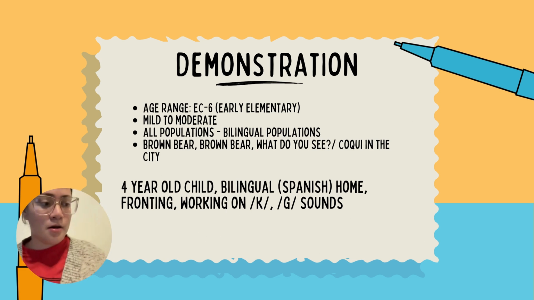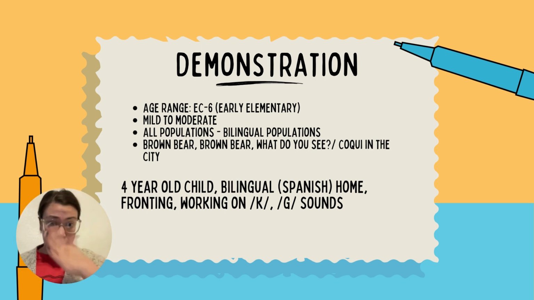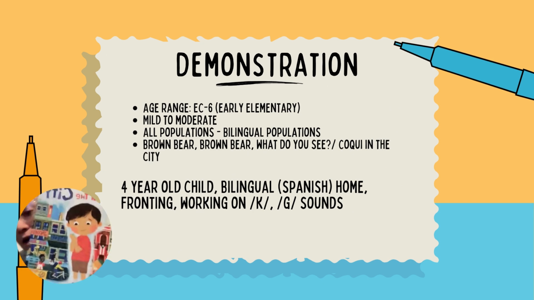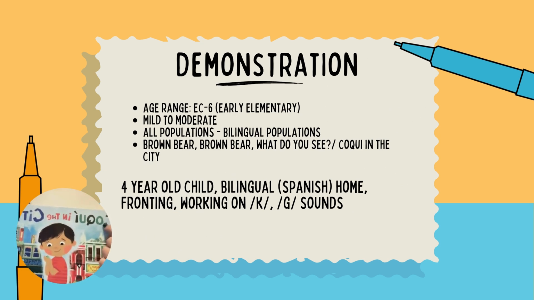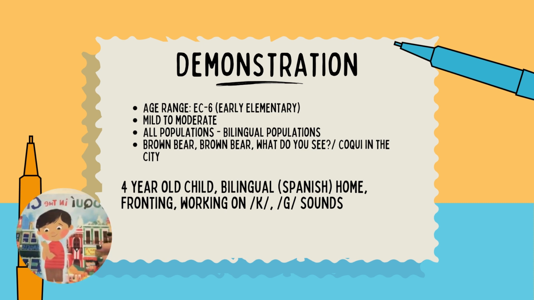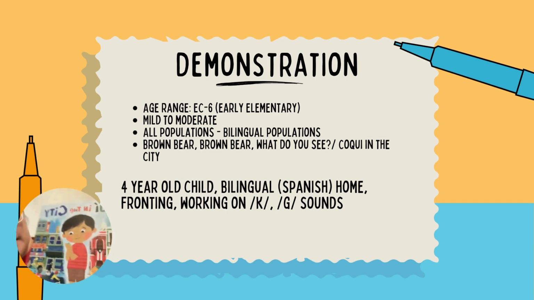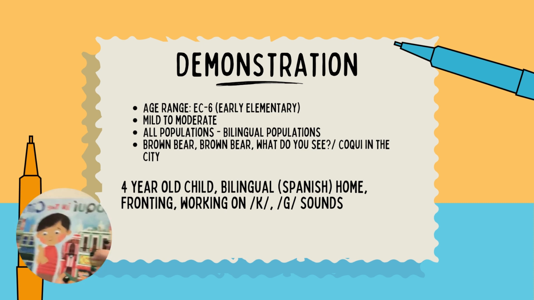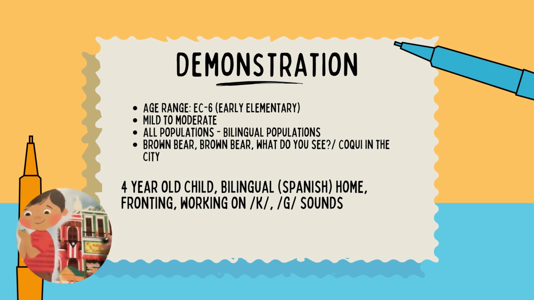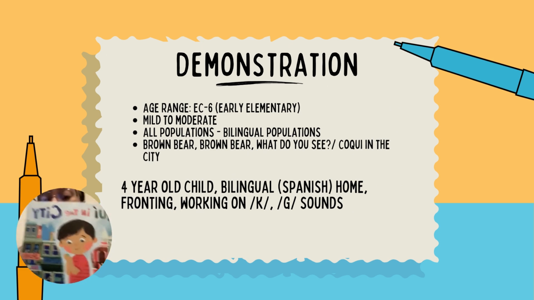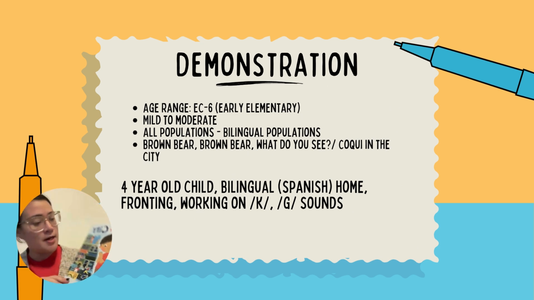Now, another story that I wrote on my presentation is Coqui in the City. This is just a book that I have. Coqui is a Puerto Rican frog. And if you could see the Puerto Rican flag there, this is basically depicting the story of a Puerto Rican child.